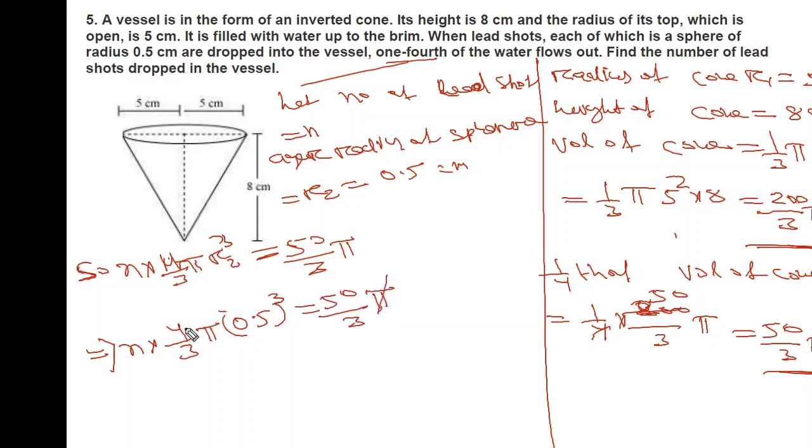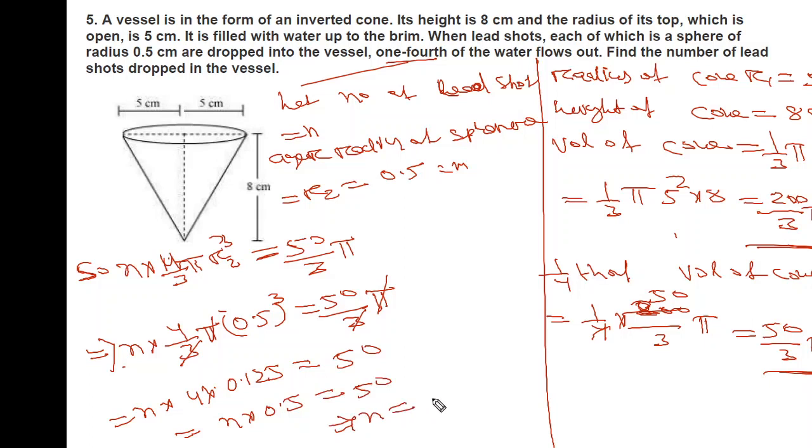So here you can cancel pi, 3 can be cancelled, which will be equal to n into 4 into 0.5 cube. 4 into 0.5 cube is 0.5, so n into 0.5 is equal to 50, which implies n will be equal to 50 by 0.5, which will be equal to 100.